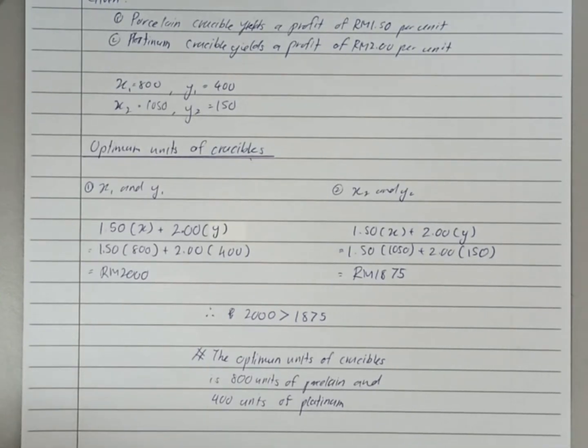So, for us to know the optimum units for both porcelain and platinum crucible, we need to know their maximum profits first. In order to get maximum profits, we need to multiply the yield with the amount of units of porcelain and platinum.